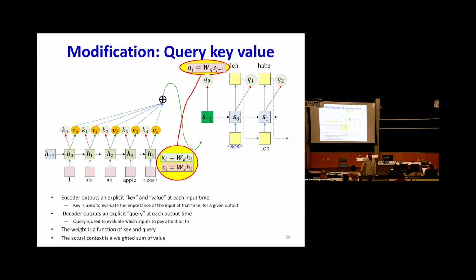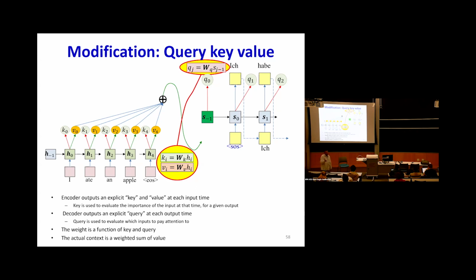From each input, from each of these hidden states, we compute two terms. One is something called a key, and the key gives you the lower granularity representation. It would tell you that this is something edible. The value says that this is specifically an apple.